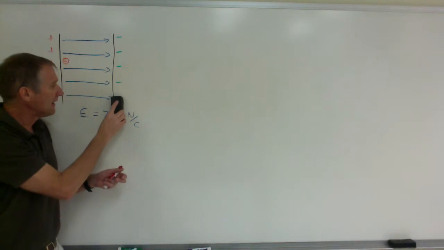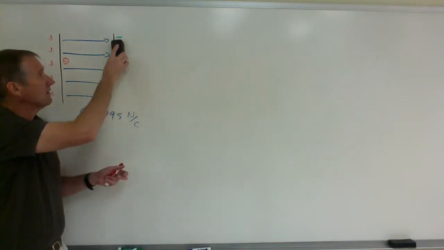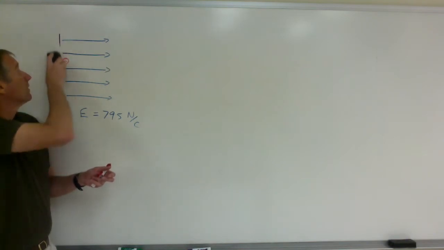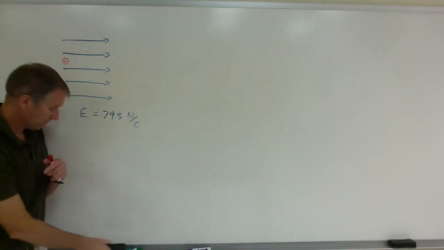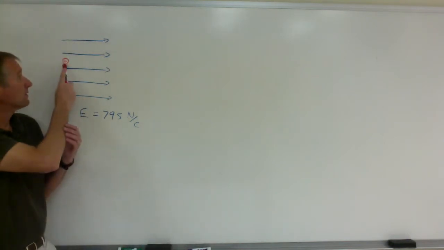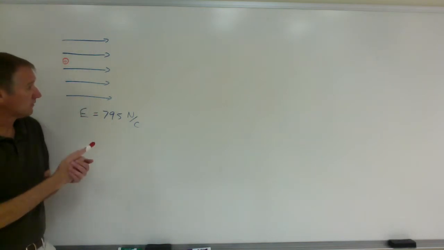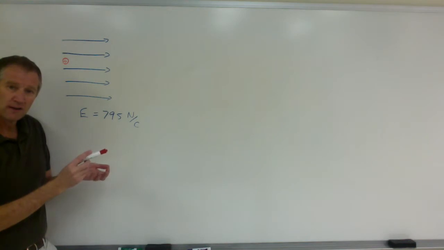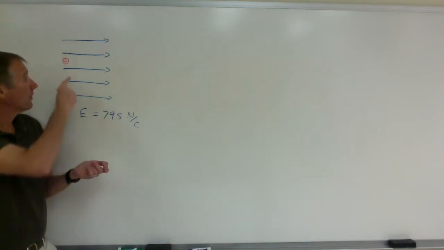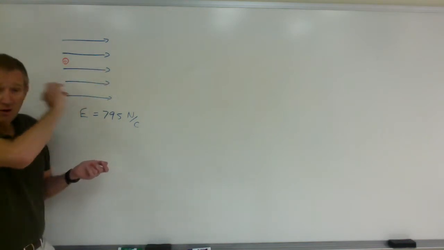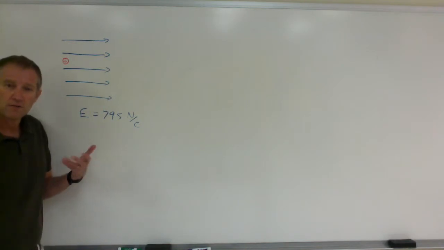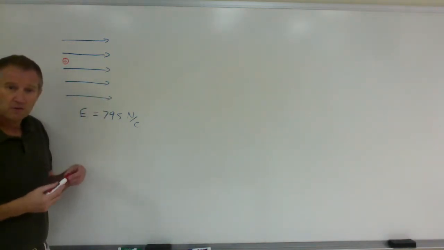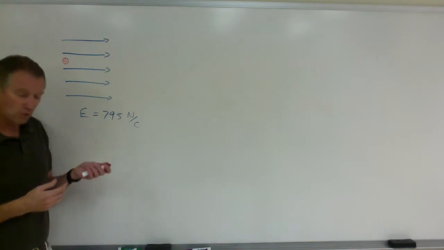So if I gave you a problem that did not give you the negative and positive plates, but just said that there was a positive charge placed into that electric field, you could calculate its force and know the direction that it travels. Positive charges always go in the direction of the field. So if the field's to the right, that positive charge would experience a force to the right.